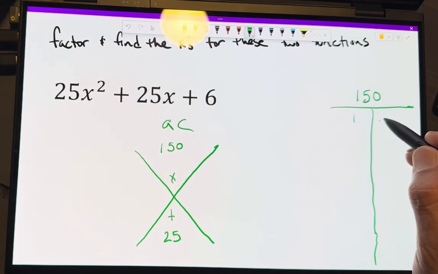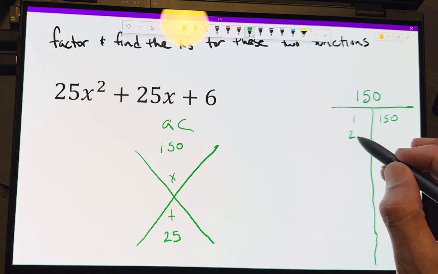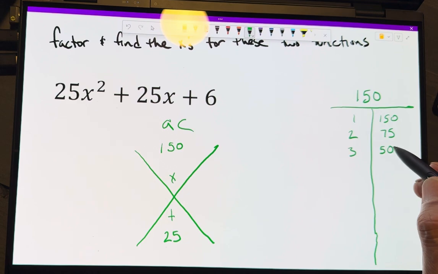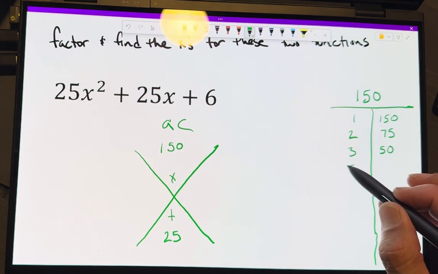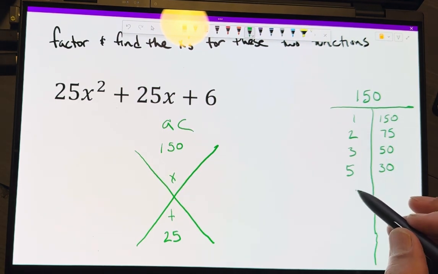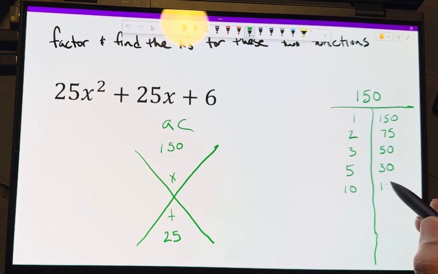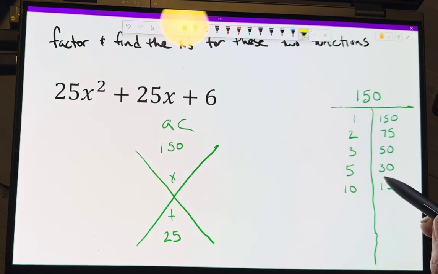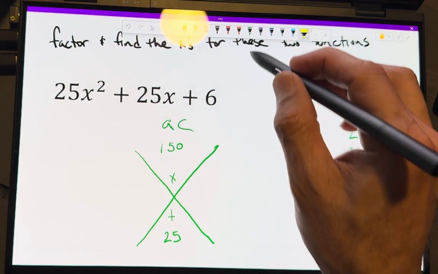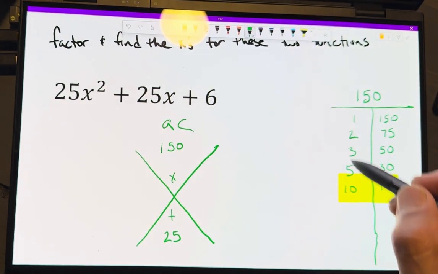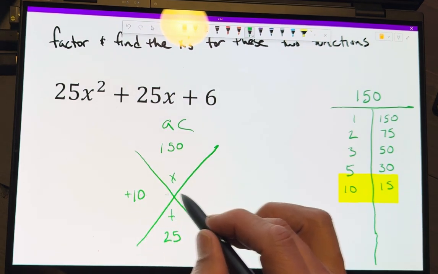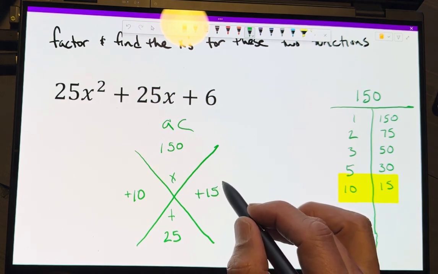So we got 1 times 150, 2 times 75, 3 times 50, 5 times 30, and 10 times 15. It looks like 10 times 15 multiplied will give us 150, and when added will give us 25. So positive 10 and positive 15.